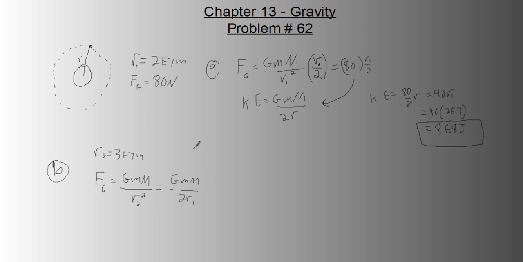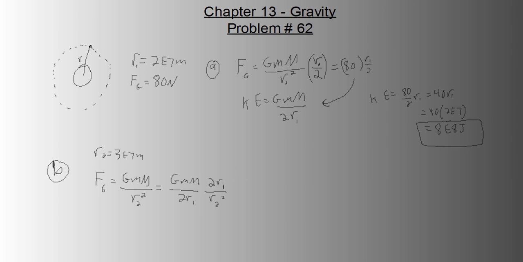Okay, but we still need to make this equal to this. Well, we need an r2 squared on the bottom, because that is in the bottom of the force. This is taken care of right here, but this is non-existent over here. So the way to take care of that is to make something that will cancel it out. I'm going to do it in a different color.